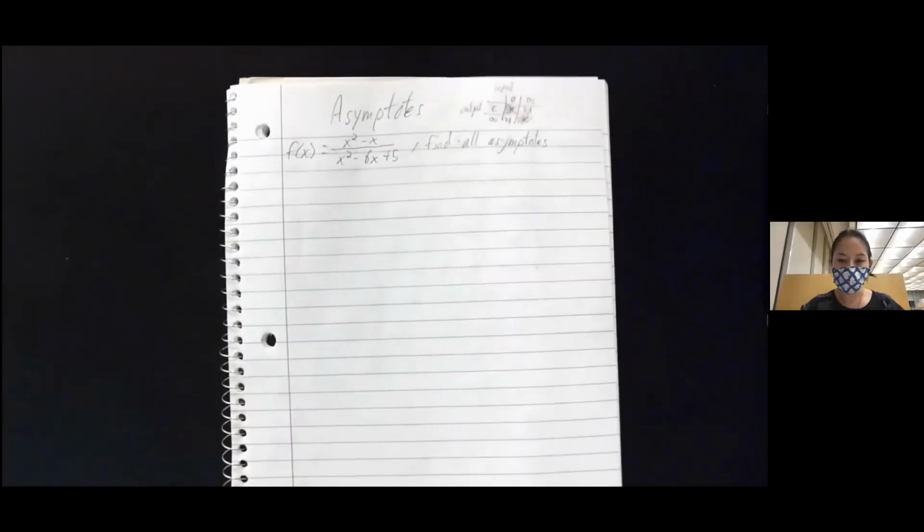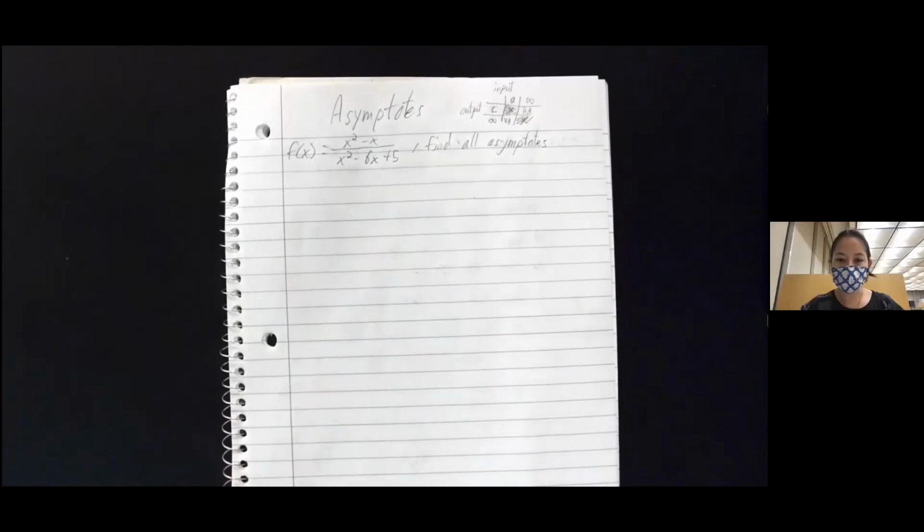Which one specifically do you mean? Wait, so hold on. We could do the L'Hopital problem or linear approximation or finding asymptotes. I guess linear approximation. Okay, cool.